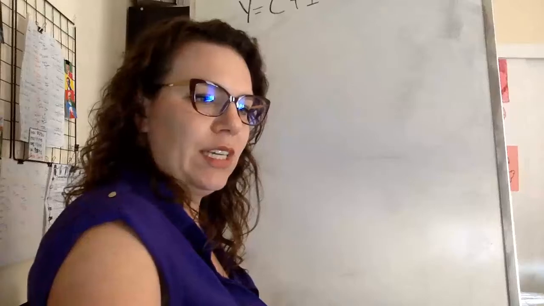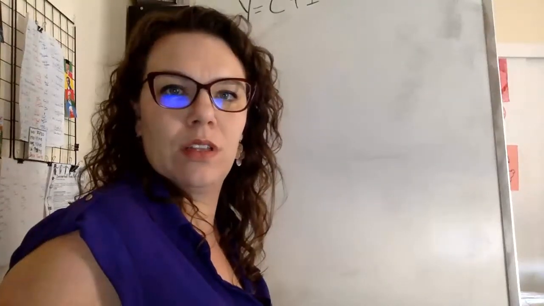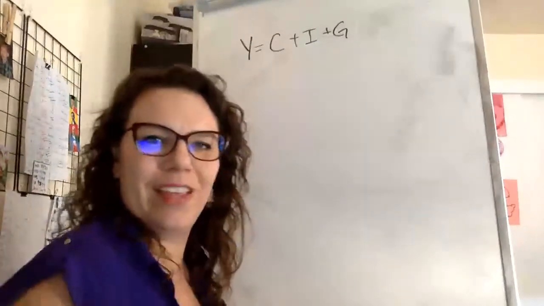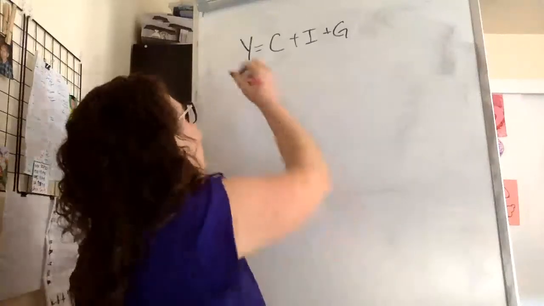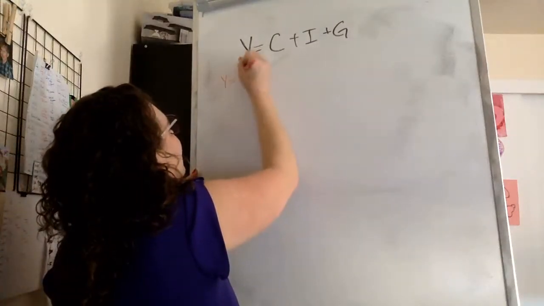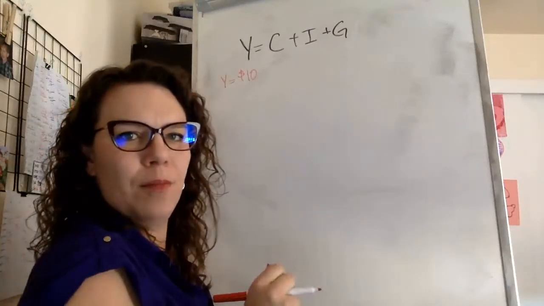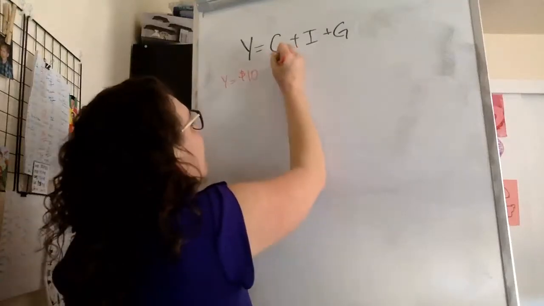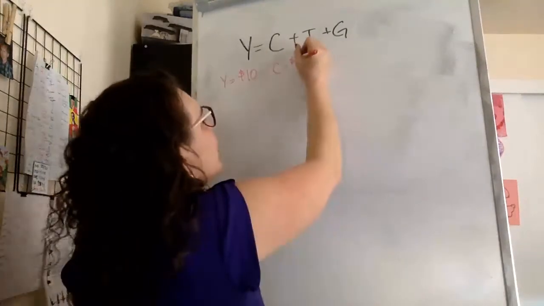Now, the question gives us the following. Okay, here we go. We're going to use the whole board today. We have GDP, or Y, equal to $10 trillion. The consumption for this economy is equal to $6.5 trillion.